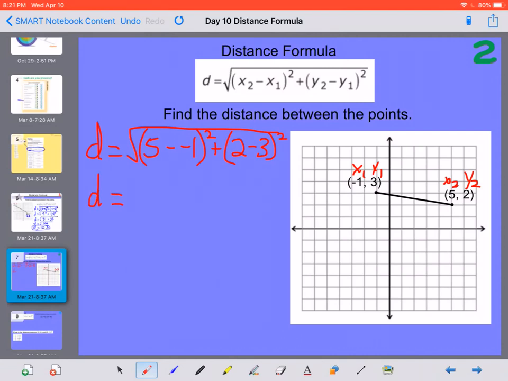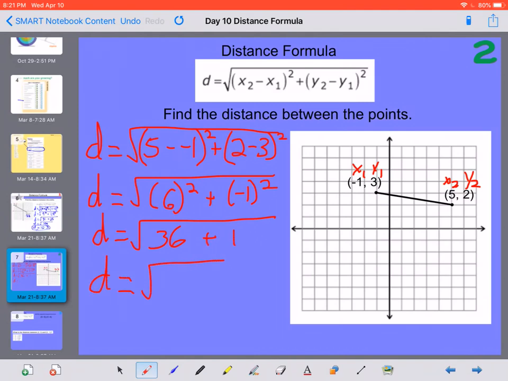So d is going to equal the square root of 6 squared plus a -1 squared. d equals the square root of 36 plus 1. So d is going to equal the square root of 37. So our distance, then, I'm going to put this into my calculator, is going to be 6.08.